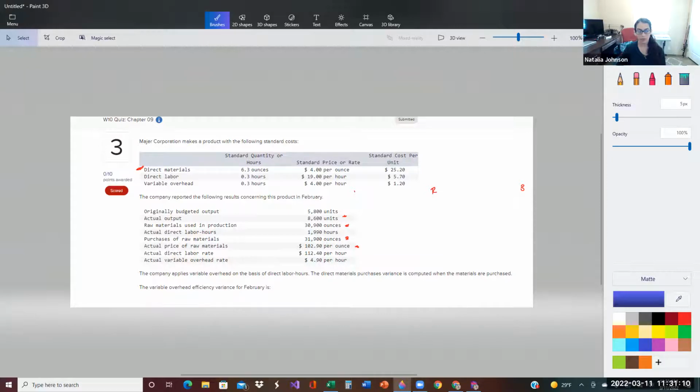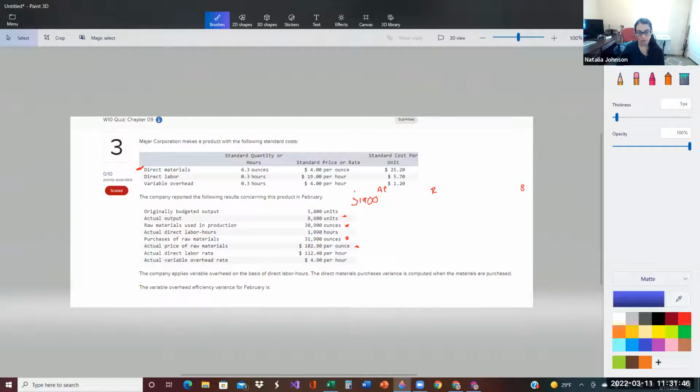So the actual quantity, because materials is quantity and price. Actual quantity is for purchased. What is it? 31,900. And then the actual price.